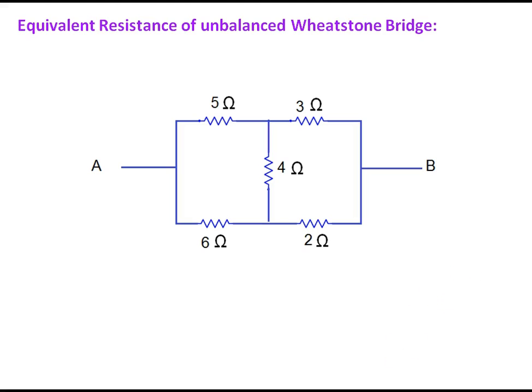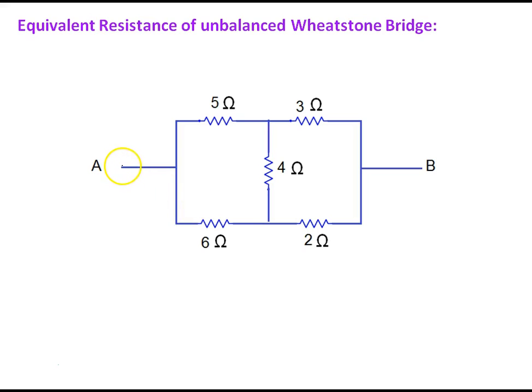Suppose it is an unbalanced bridge. No, you cannot say that you can delete the 4 and calculate 5/3, 6/2, 8/4, because this is unbalanced. The ratio here is 5 by 3, the ratio here is 3 by 1. So now how will you calculate? Let me solve it if you are not able to.